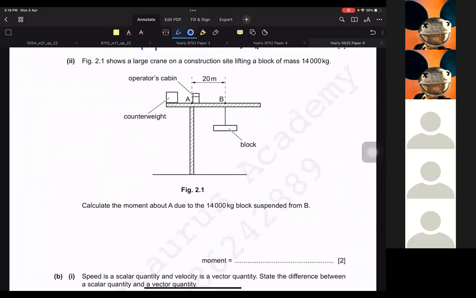Calculate the moment about the point, 14,000 blocks suspended. So the force is here. And this will go clockwise. So 14,000 times 10, that would be the force.